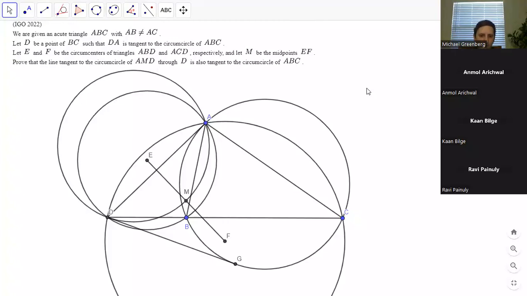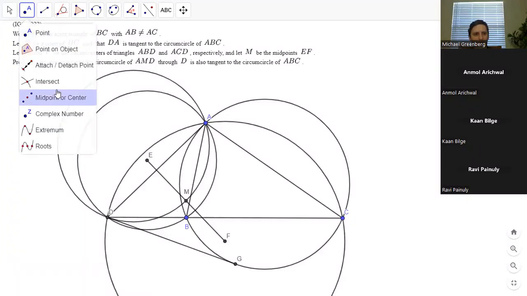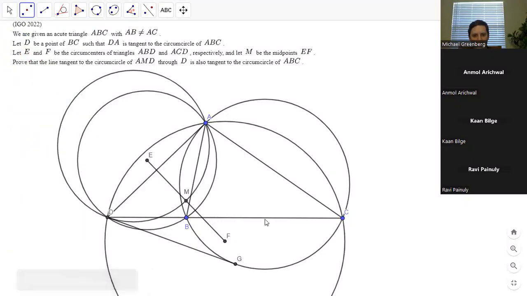Okay, so ABD and ACD, we have the midpoint of the centers of those two. I wonder if AG is a symmedian. You guys think AG is a symmedian? Let's check. Yep, good guess.